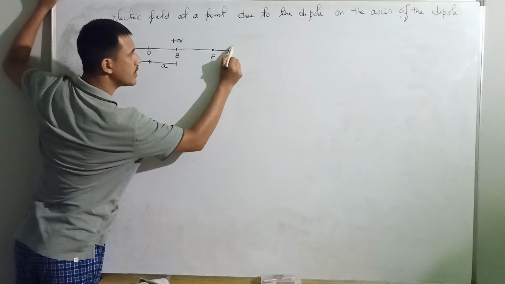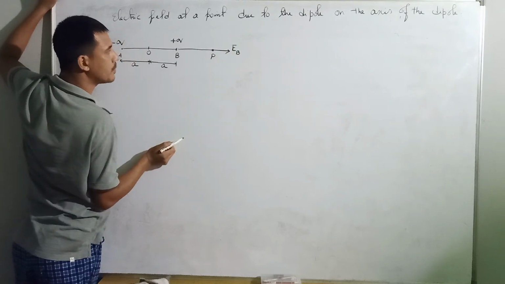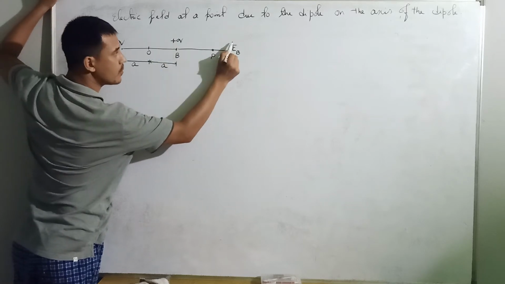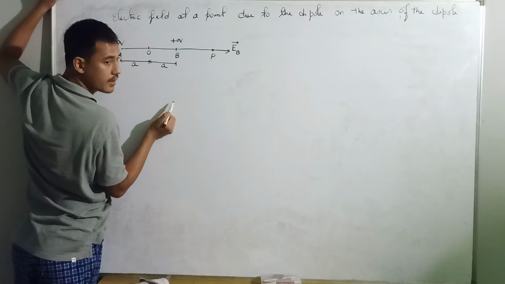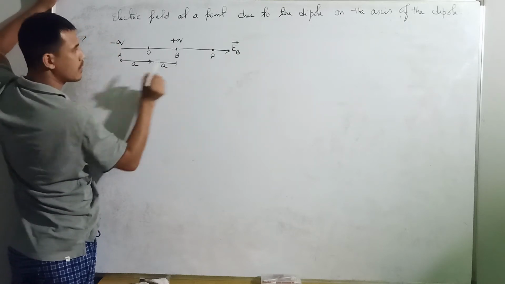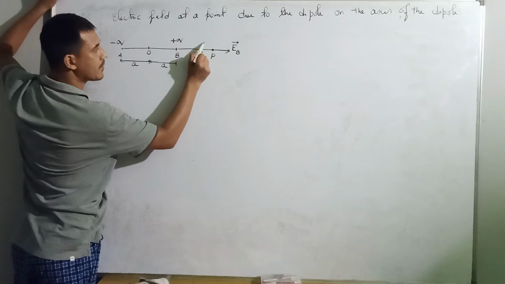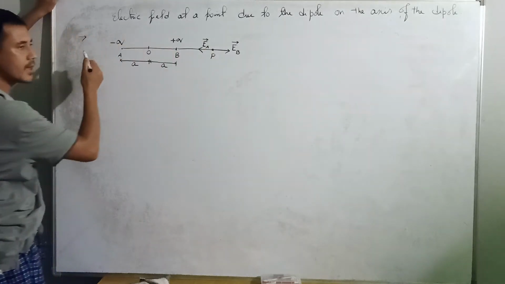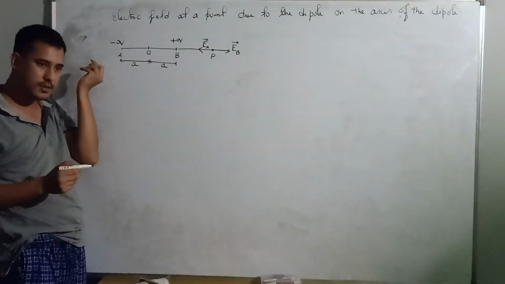So EB, the electric field at point P due to the charge plus Q placed at B, will act in this direction. And the electric field due to minus Q placed at A will act in this direction, because the electric field due to a negative charge acts inwards towards the charge.